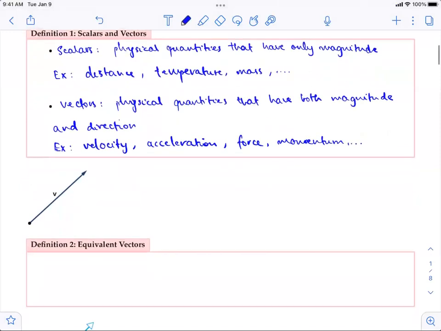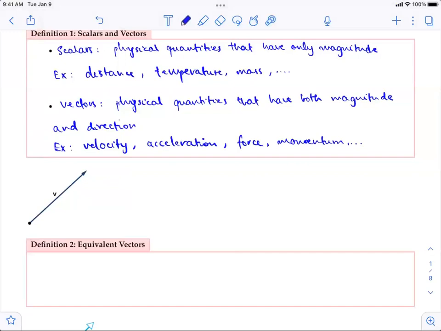All right. So the notation for a vector, in linear algebra, in mathematics in general, and in physics or any science for that matter, is a bold letter with an arrow on top to indicate the direction that the vector is going.